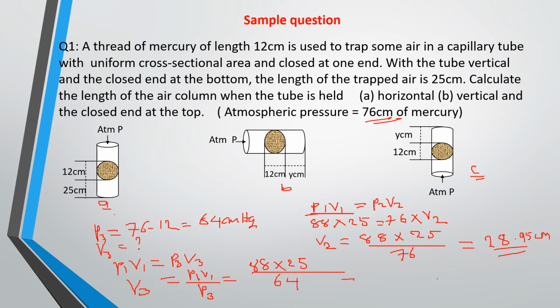If you work this out, your volume in this system will be 34.38 centimeters. So you can see how we are able to apply this Boyle's law to solve problems on this gas that is trapped by a length of mercury.